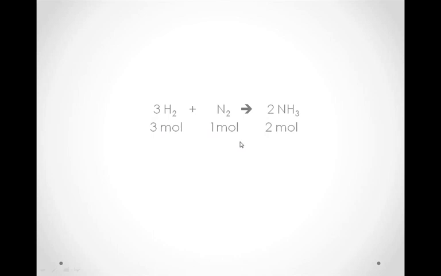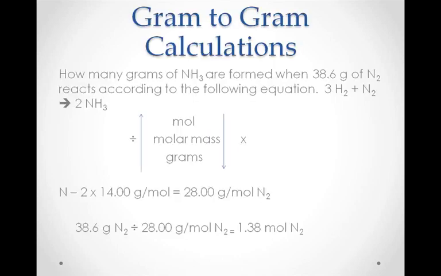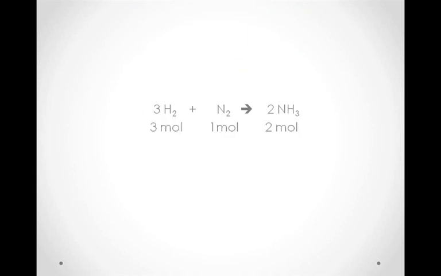Now, remember, that was 1.38 moles of N2. And we're looking for the amount of NH3 in grams. So, there's our equation. There's our stoichiometric relationship. We place the 1.38 moles above N2, and we put a question mark above NH3 because that's what we're looking for.